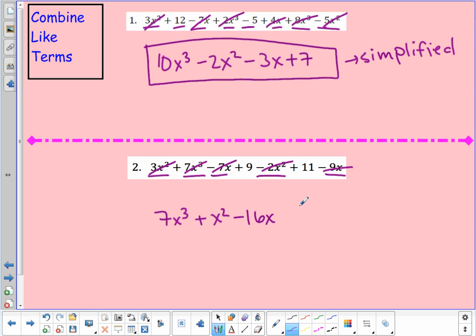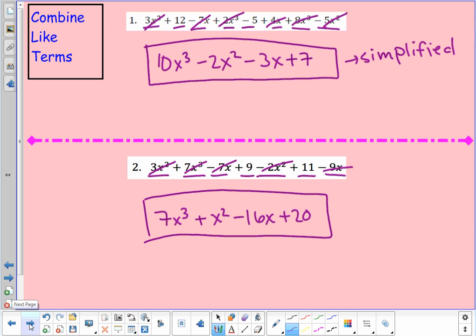Notice, by the way, that when I combine these like terms, my powers haven't changed. When I added 3x squared and negative 2x squared, I still have a power of 2. All I'm doing is looking at the coefficients here. And then the constants, I have 9 and 11. 9 plus 11 gives me 20. So that is my standard form polynomial.